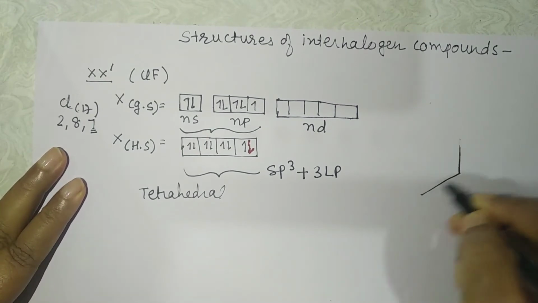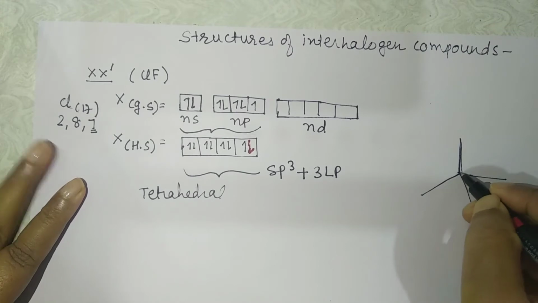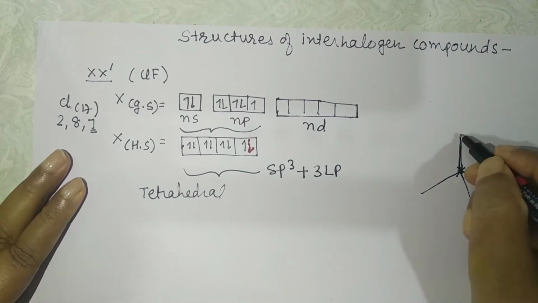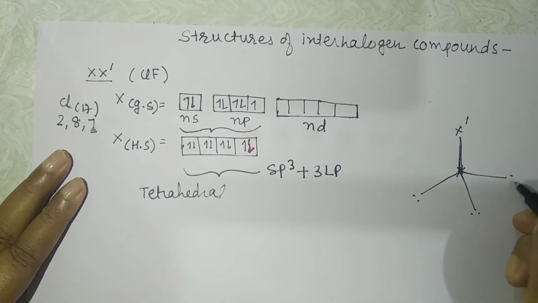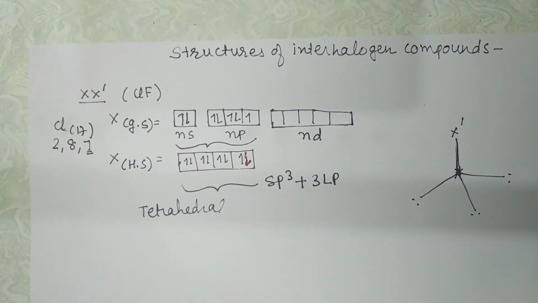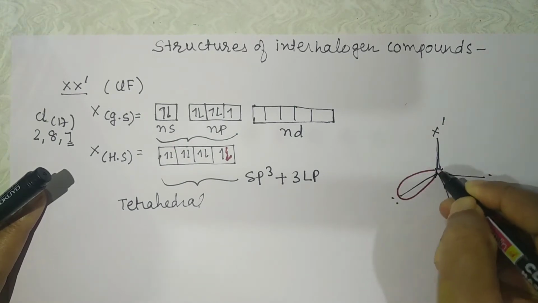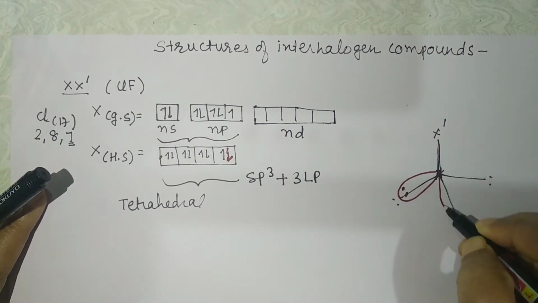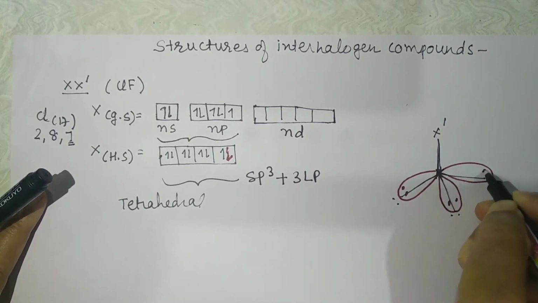Structure can be something like this, the tetrahedral structure. Means your X will be somewhere here and your X' will be here, and the 3 lone pairs I can place them in this way. So what is the expected structure here? This is your lone pair. This is the second lone pair what you have, and this is the third lone pair here.